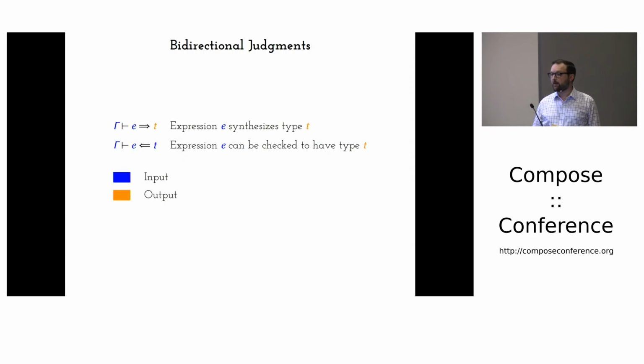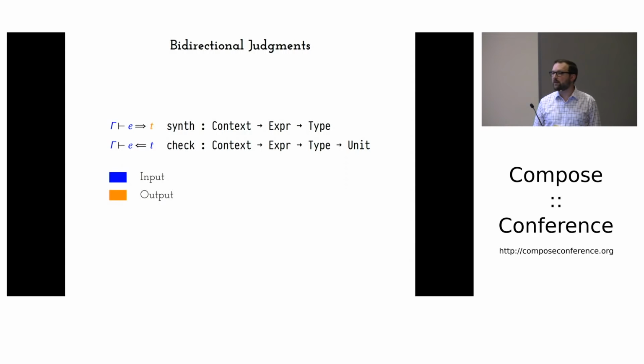So in a type checking problem, we have 3 inputs. We have our context, we have our expression, and we have our type. And in a type synthesis problem, we have 2 inputs and 1 output. In other words, it's going to either return the type or throw an exception. And I'm sorry, on the second row there, the T at the end of the line should be blue, in case you're confused, because it's an input.